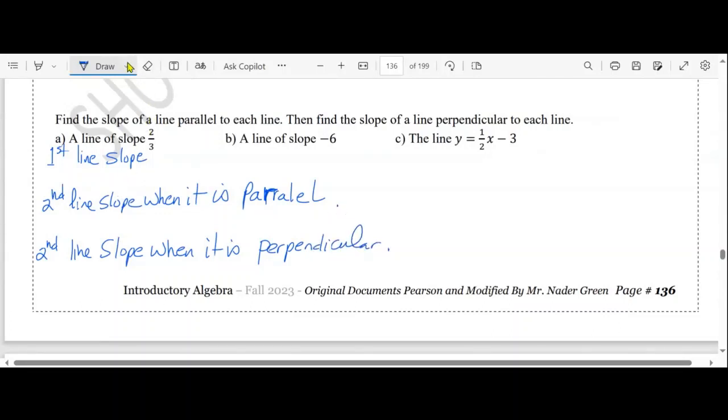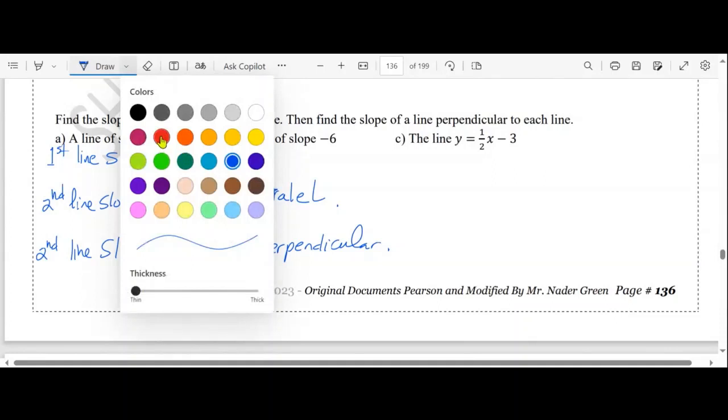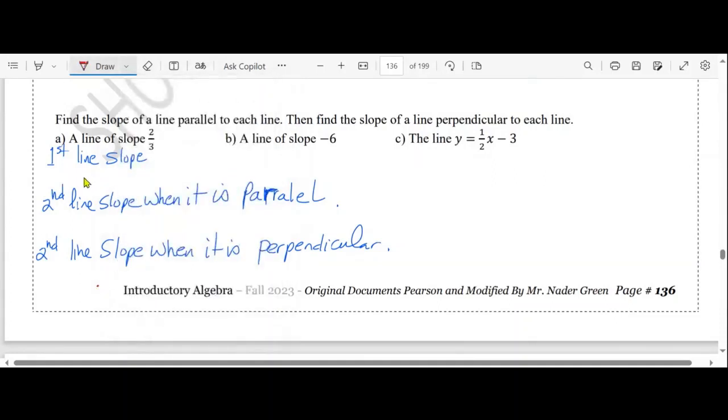Okay, so let me change the color here. All right, so if this is M1, right? If M1 equals 2 over 3, what do you think M2 will be if it's parallel? 2 over 3. 2 over 3. Is this clear?